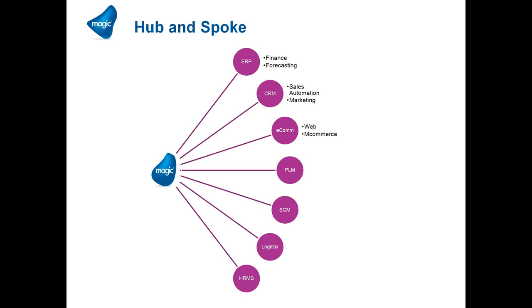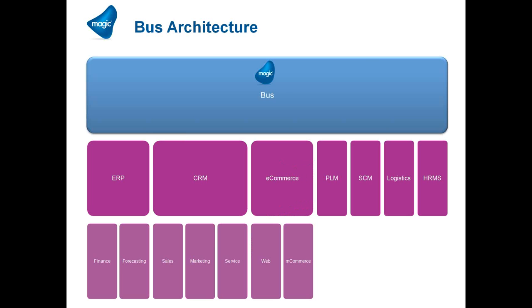Now, hub and spoke, of course, implies a platform, and this is very common amongst middleware solutions and is a very solid solution. Bus architecture is also something that people look to in order to provide them with a way of integrating.